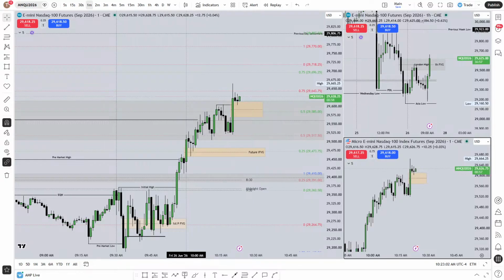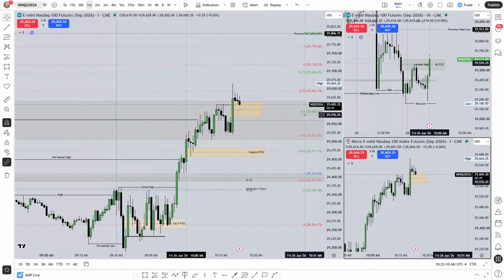So again, just waiting. We're break even on the day, so no need to feel like you need to take another trade. Just wait for something high probability.